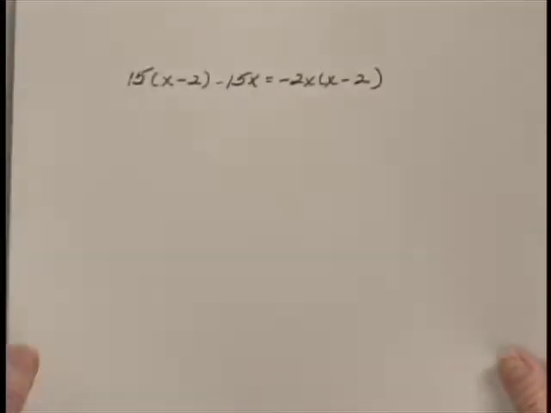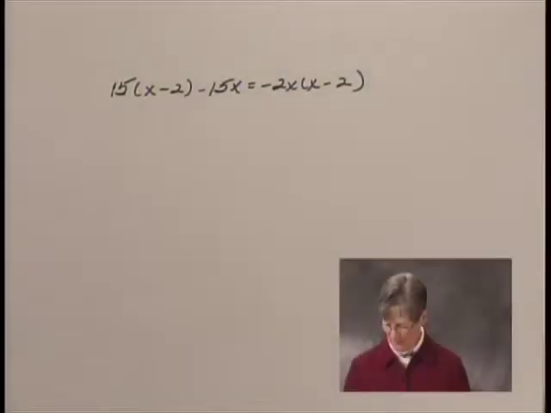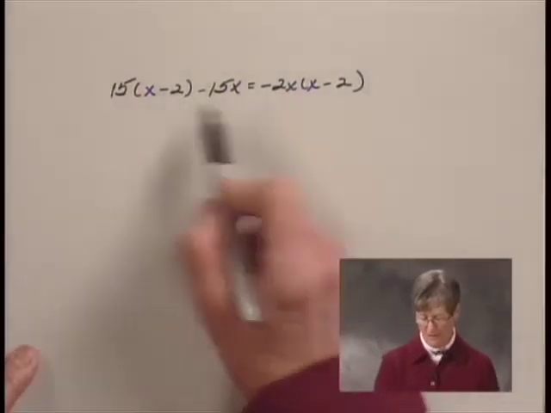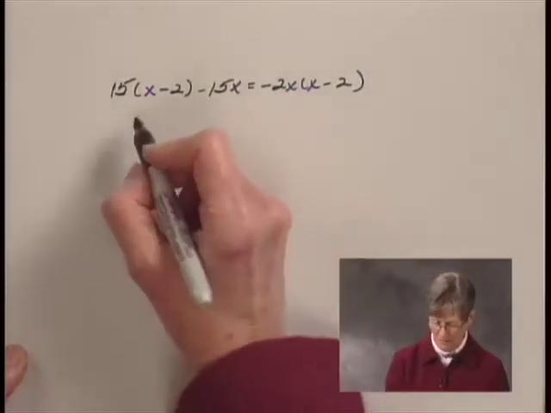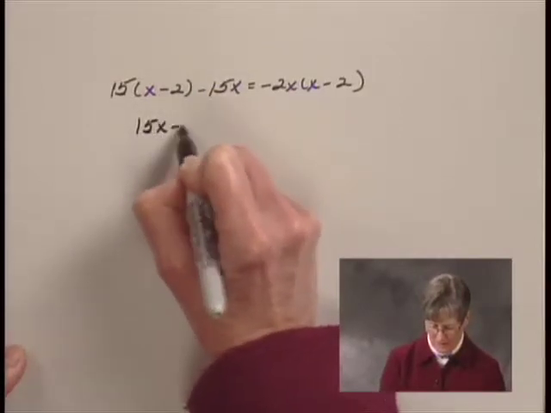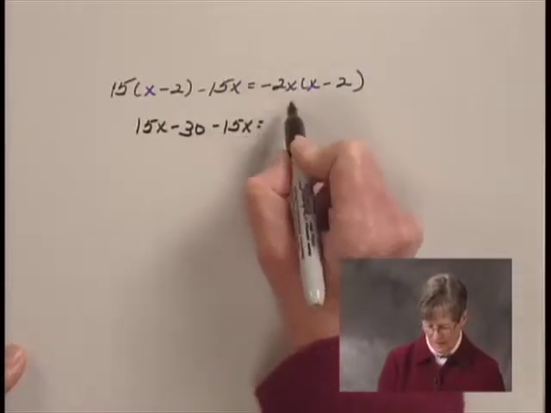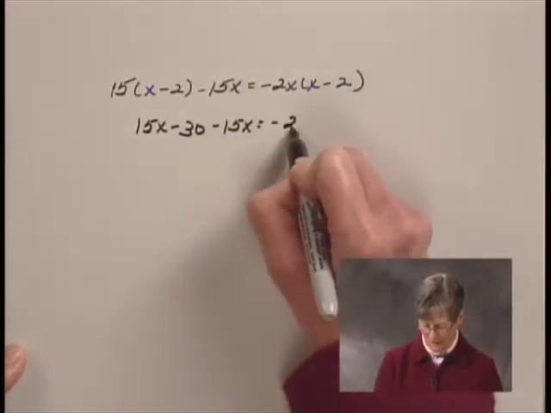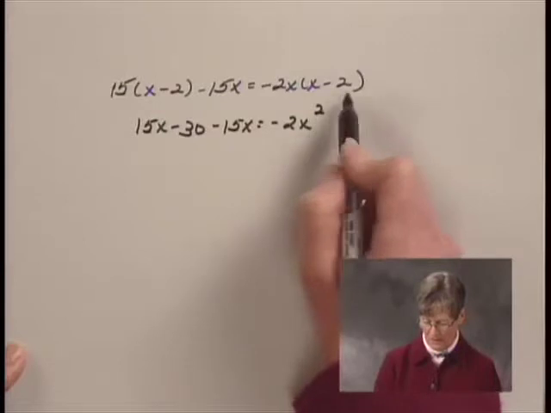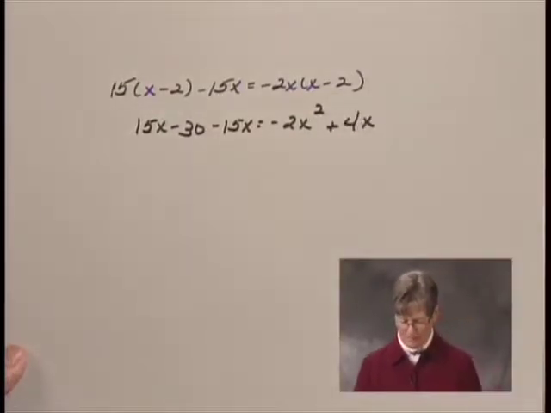Now let's continue on a new page so we have a little more space to work. This is the last step that we had on the previous page. I'm going to carry out these two multiplications that remain. 15 times the quantity x minus 2 is 15x minus 30, and then I have this minus 15x. Negative 2x times x gives me negative 2 times x squared, and the second multiplication gives me plus 4x.